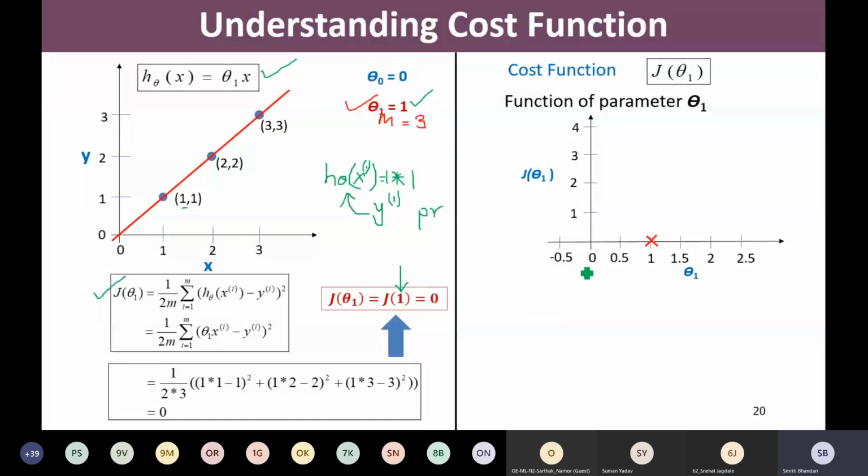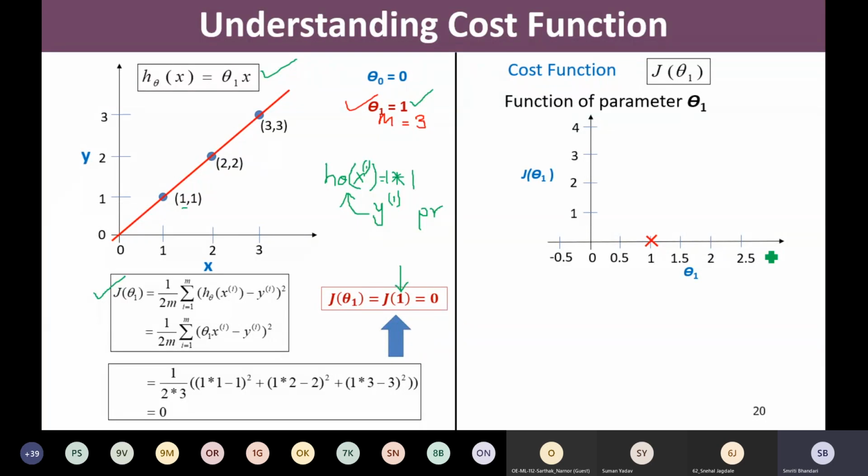We will take different values of theta 1, and with respect to these different values, we are going to plot this cost function against various values of theta 1.